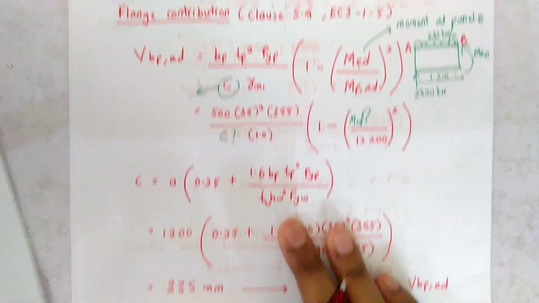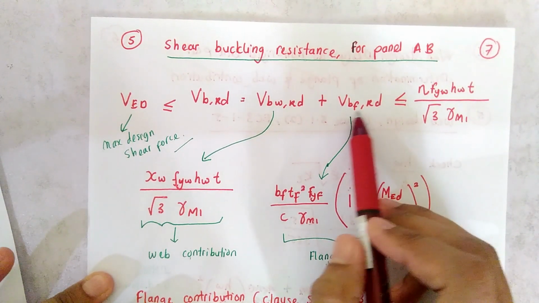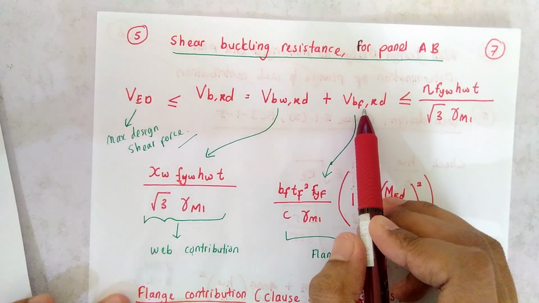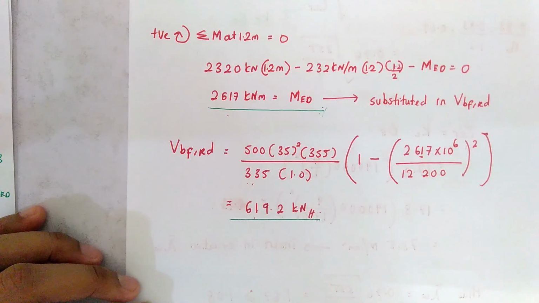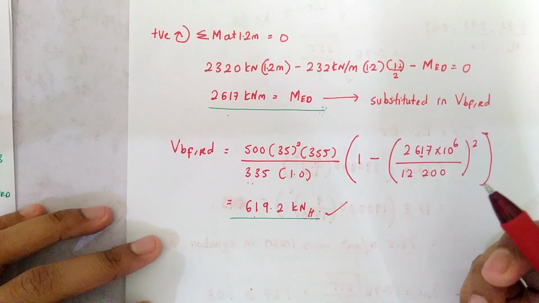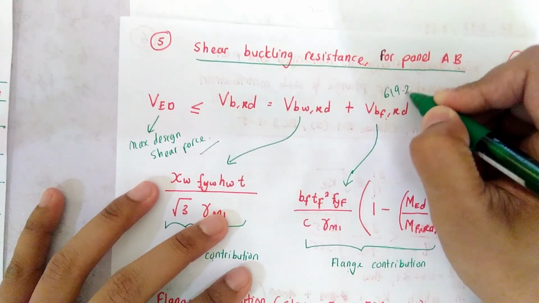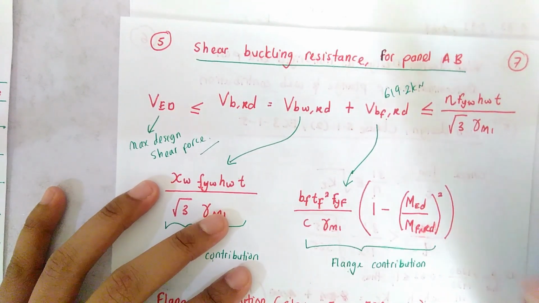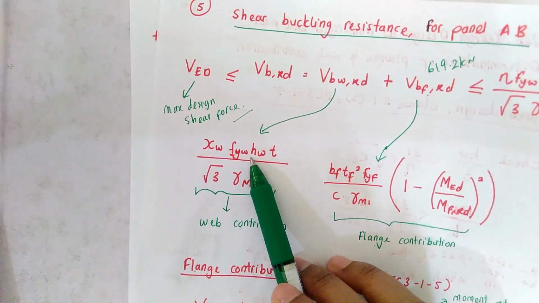So then you know that your VBFRD is 619.2 kilonewton. Okay, so we now know that our flange contribution force is 619.2 kilonewtons. All right, so next we need to find what is the web force contribution.